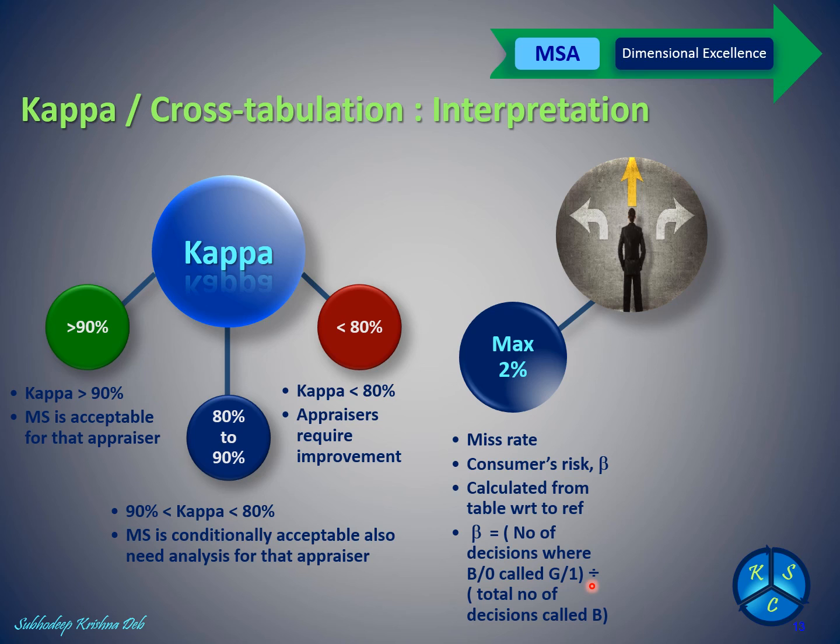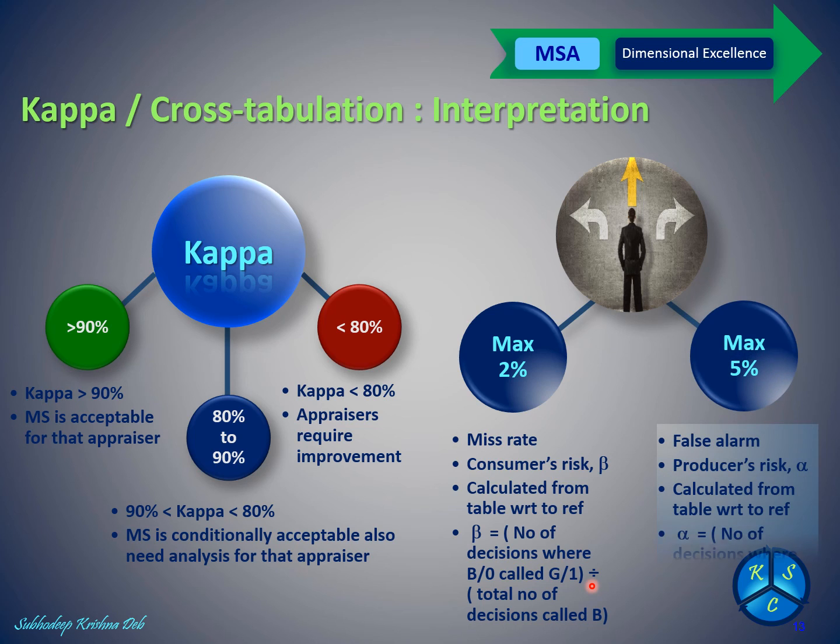Suppose in this case the number of decisions wherein the bad part is called a good part is 5, and the total summation of that column, wherein the total number of times the appraiser has called the part as bad, is 50. So our miss rate would be 5 divided by 50.